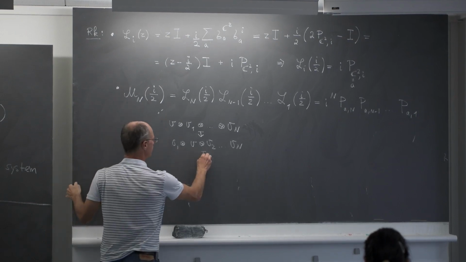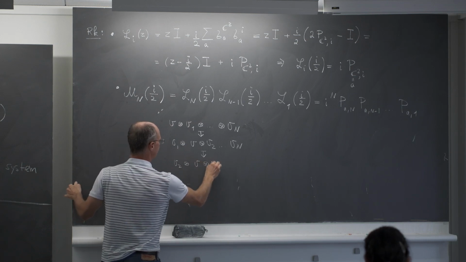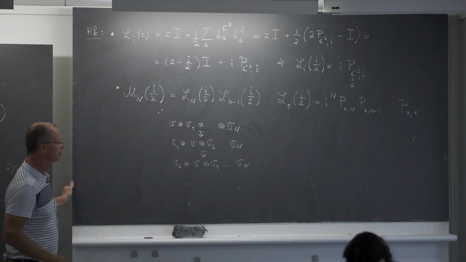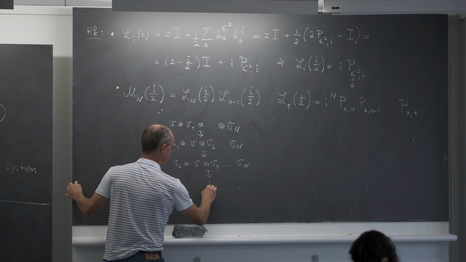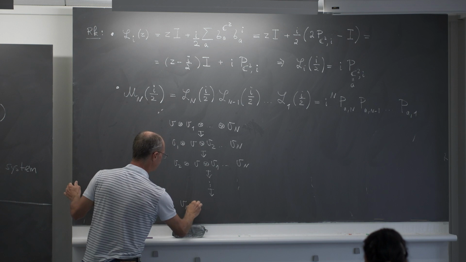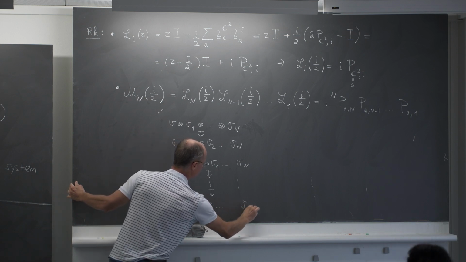So the next step will be v_2, v, v_1, and so on, v_n. If we continue, in the end we will obtain v_n times v times v_{n-1}, and so on.